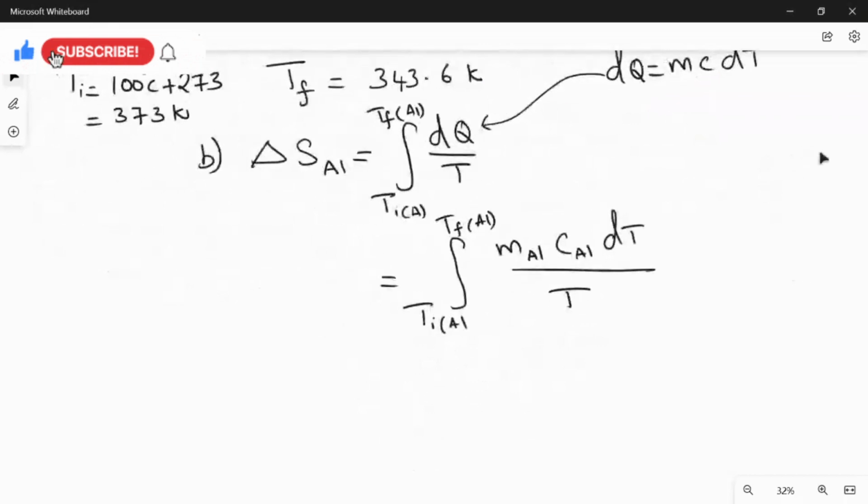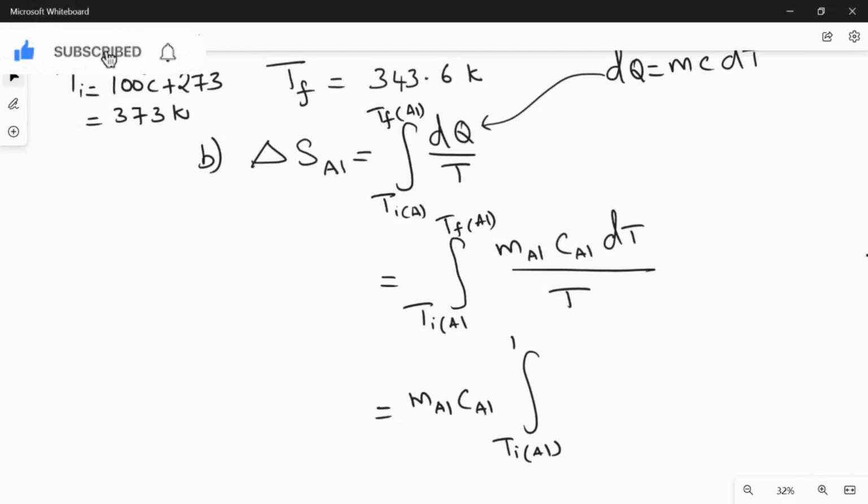Now I'm going to move the common constant terms outside: the mass and the specific heat capacity. Inside the integration we get dT over T.